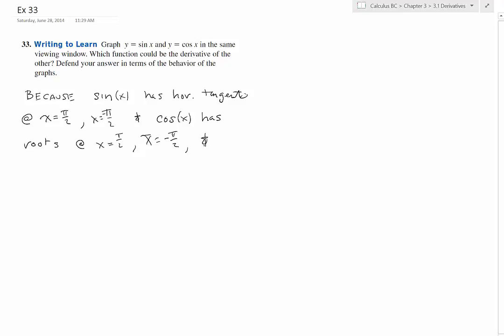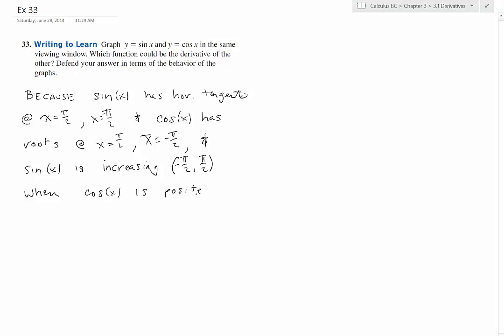And sine of x is increasing on the interval from negative pi over 2 to pi over 2 when cosine of x is positive.